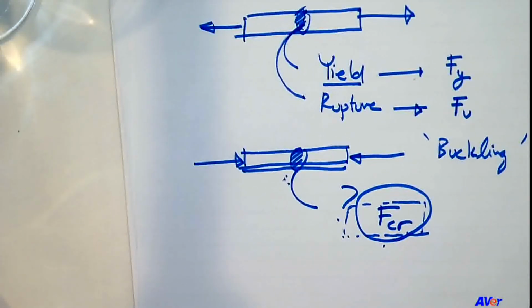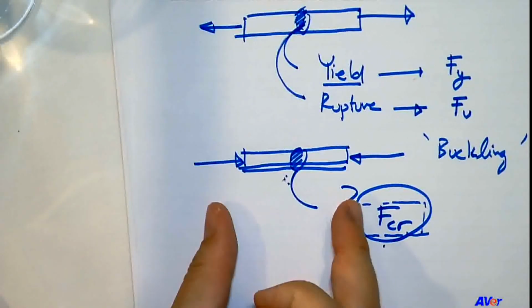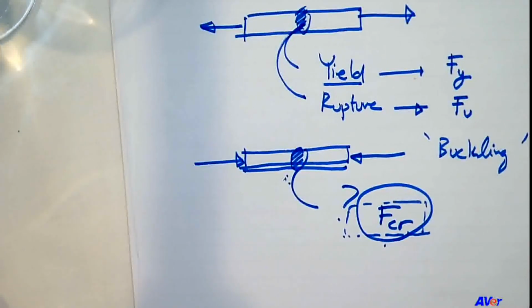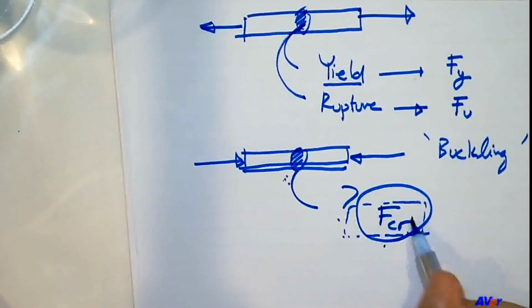A buckling means the material itself is not completely destroyed, but the structure becomes unstable. And we as engineers say, no, you can no longer use that. So the point is that we need to know how to approximate this critical buckling stress.